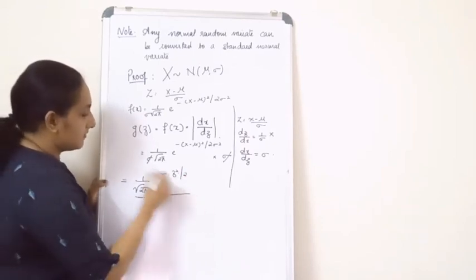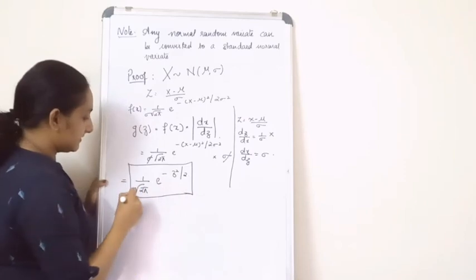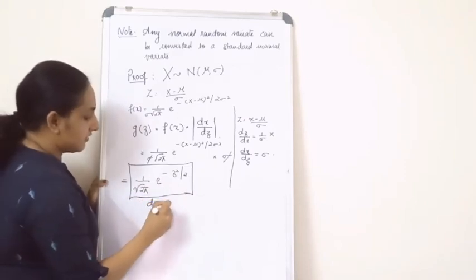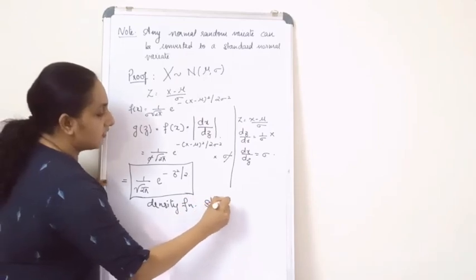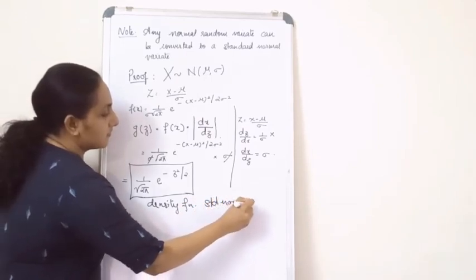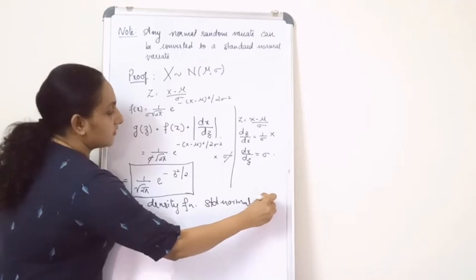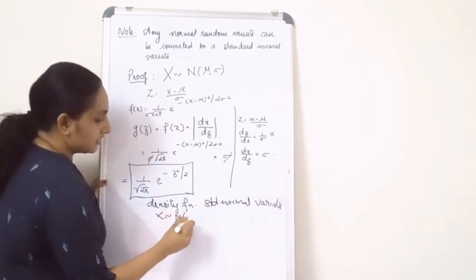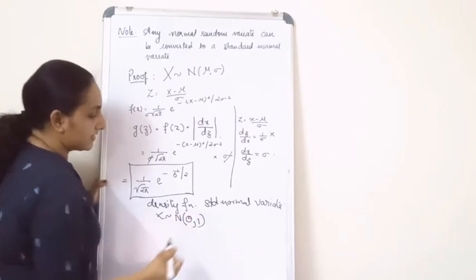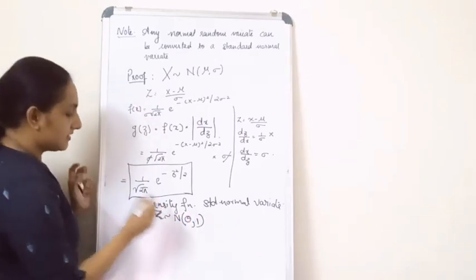Now what is this? This is the density function of the standard normal variate. So here z follows a normal distribution with mean 0 and standard deviation 1.